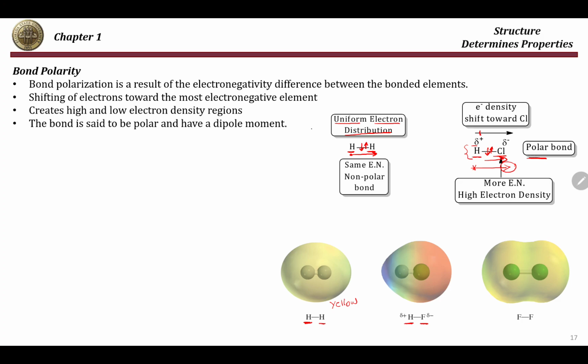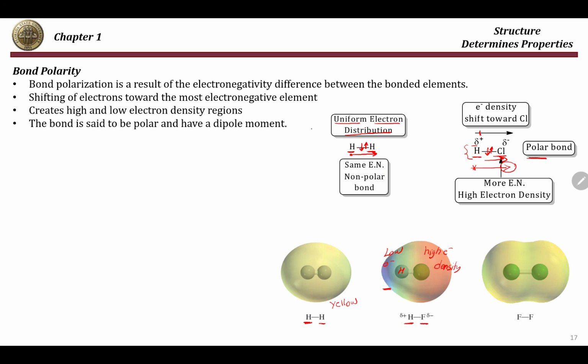How does this affect the color? We have a red color here, and the red color means high electron density, and we have a blue color here at the hydrogen side, and this means that we have low electron density.